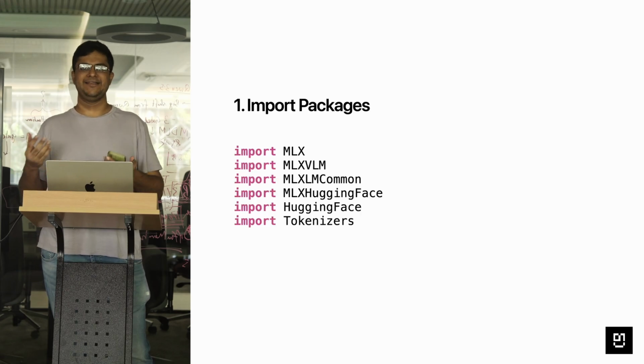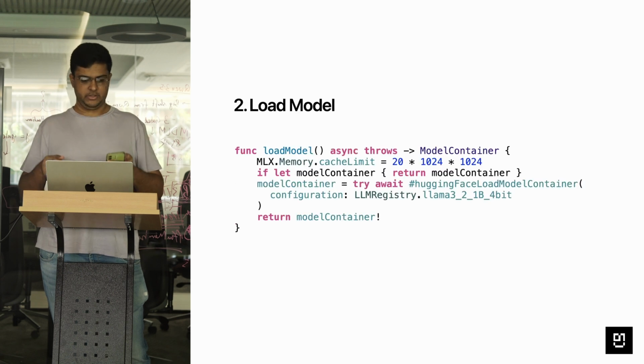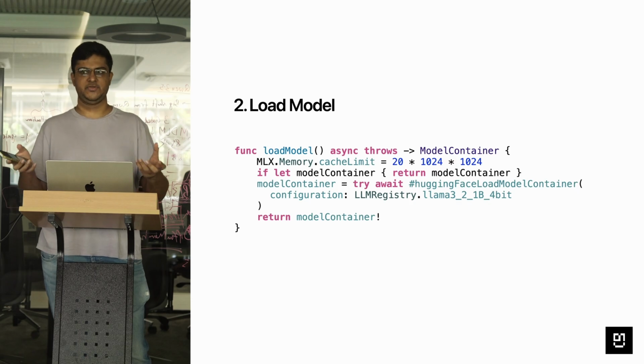The number of packages increased while importing. It's a very ugly syntax that Apple provides, but it's the way. You load the model again. The syntax has changed a bit, since it is iOS 17 now, which introduced macros in Swift.